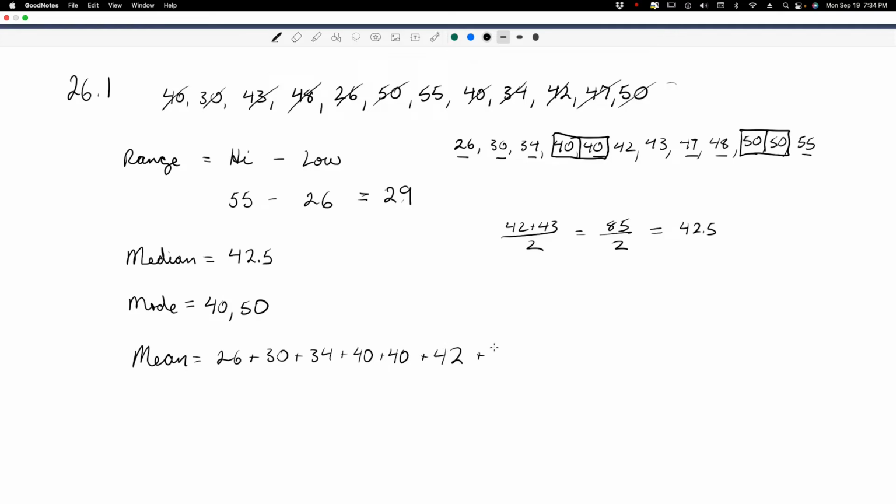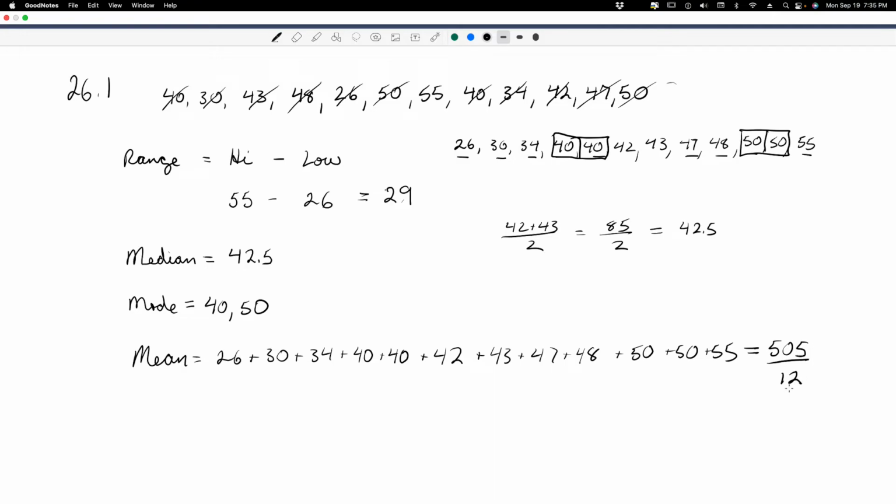When we add all of those together, we get 505. Now we need to count them. 1, 2, 3, 4, 5, 6, 7, 8, 9, 10, 11, 12. So we divide by 12. 505 divided by 12 is equal to 42.08.